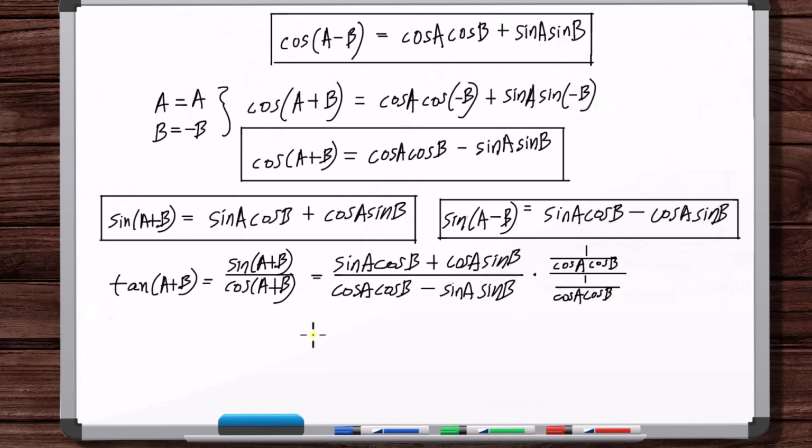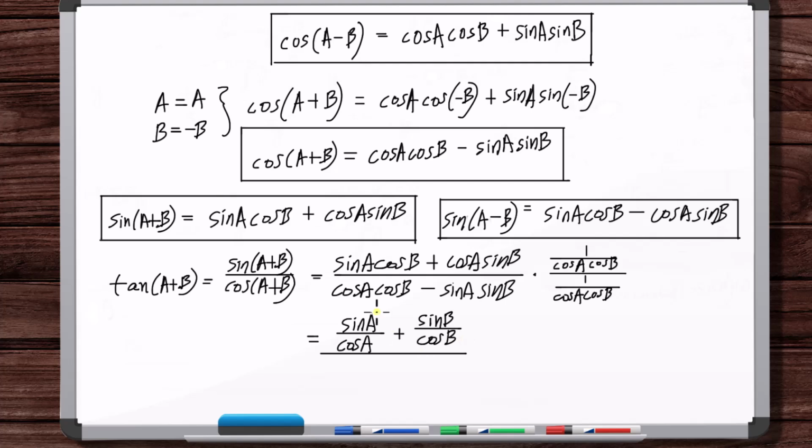And so you can think about what you'll get: we'll have sine a cosine b over cosine a cosine b, that's going to be sine a over cosine a, plus cosine a sine b over cosine a cosine b, that's going to be sine b over cosine b.